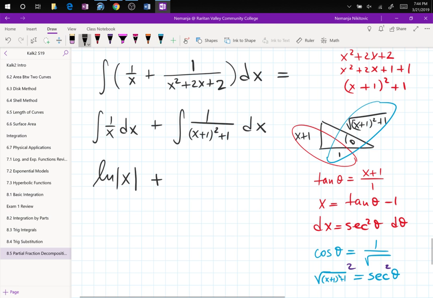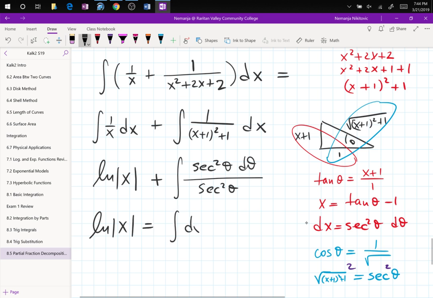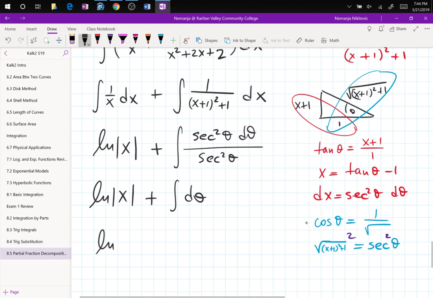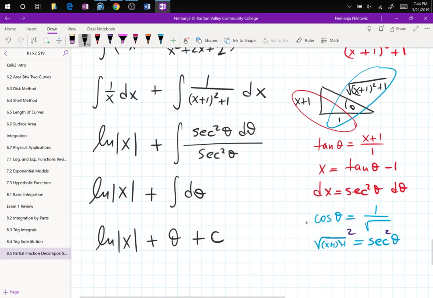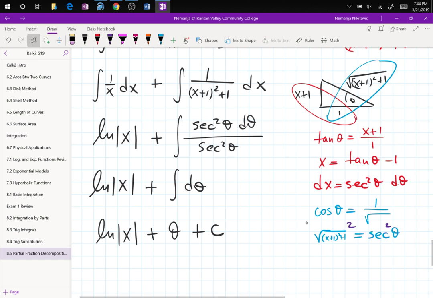So now I have the integral of dx on top, secant squared theta d theta, divided by secant squared theta. Oh, look at that. Integral of d theta. This is now going to be ln absolute x plus theta plus c, and you convert back using the inverse tangent.